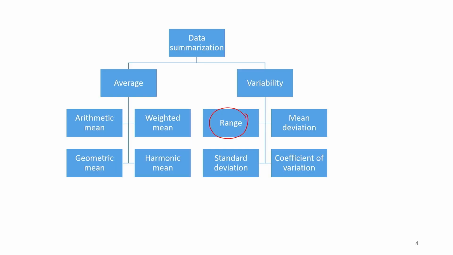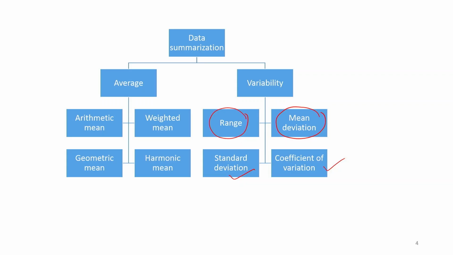Then the next one is mean deviations. Then comes standard deviations, and the other characterization term is coefficient of variations.